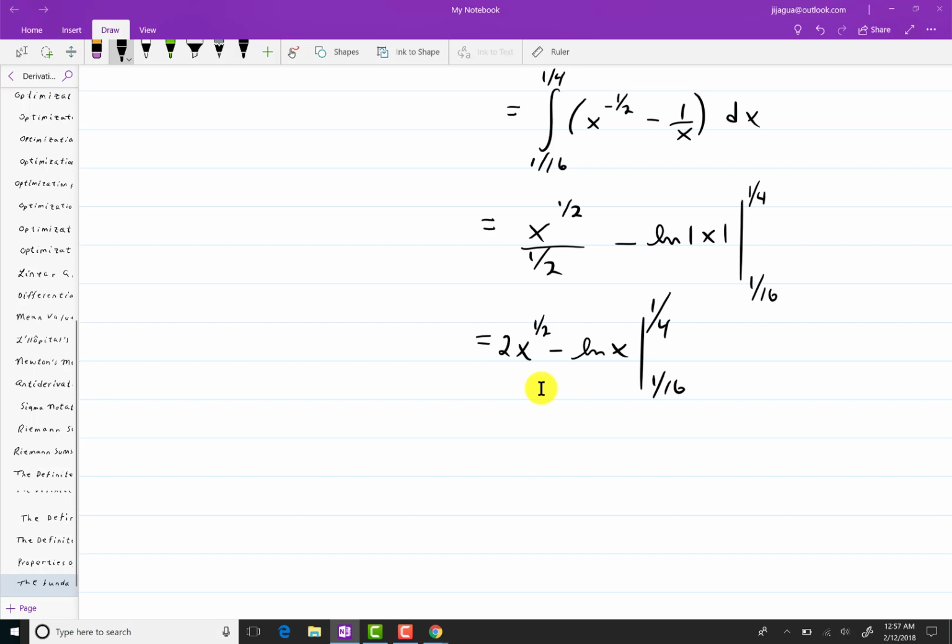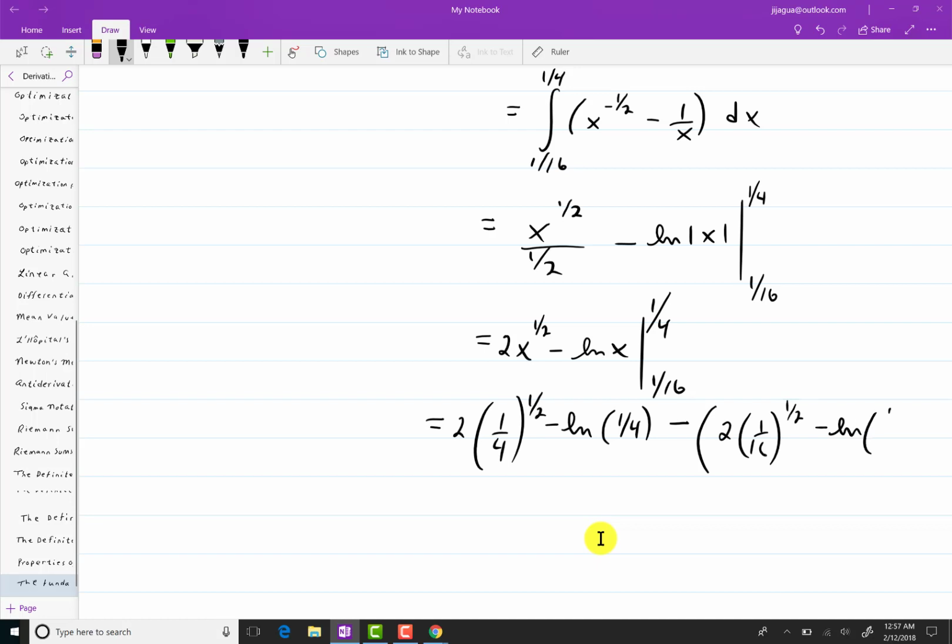Now let's go ahead and plug in our numbers. So I'll plug in 1/4 first of all. So I have 2 times 1/4 to the 1/2 minus ln of 1/4. And then we'll have minus the second piece, which will be 2 times 1/16 to the 1/2 minus ln of 1/16.